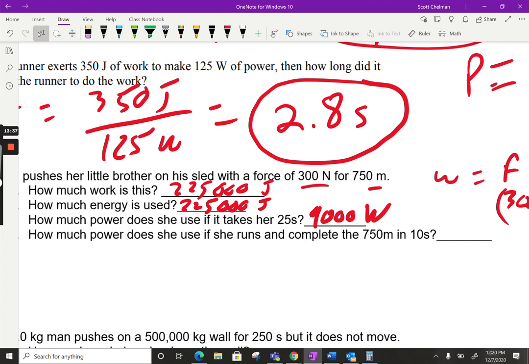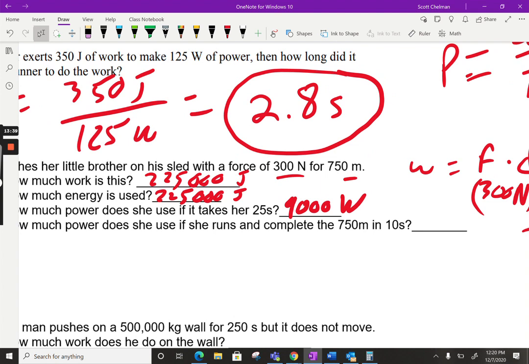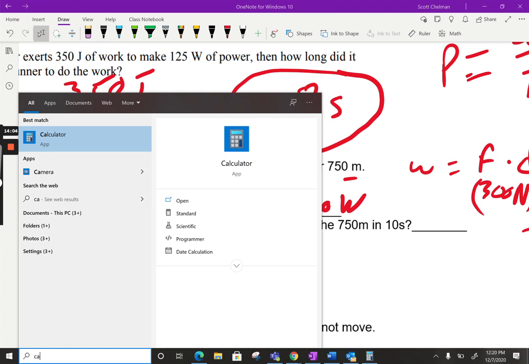Okay. So then if we change it to 10, we're just going to divide by 10 instead of 25, right? Okay, then now how much power? Oh, come on, who was calculating back there?